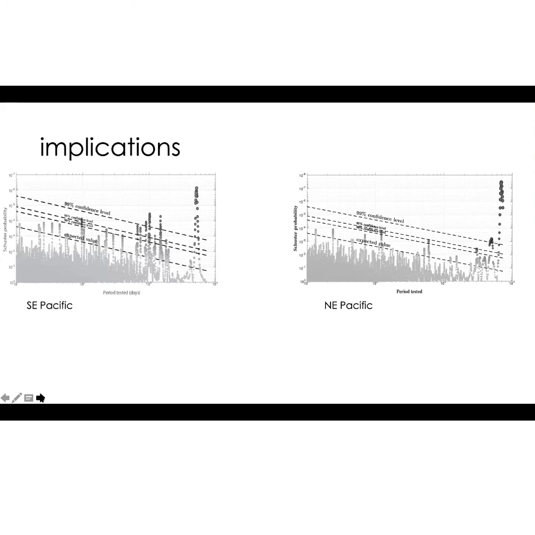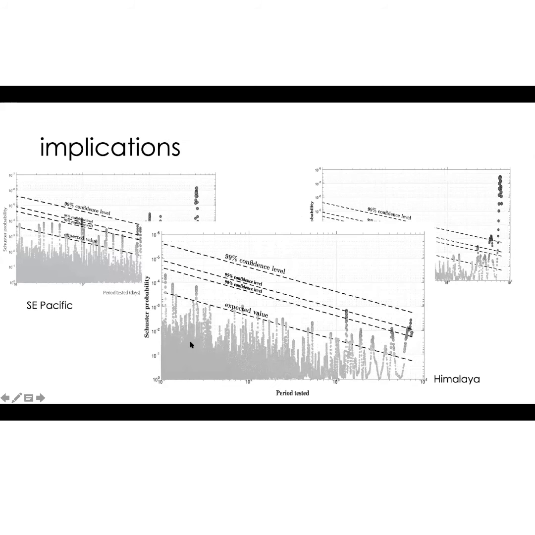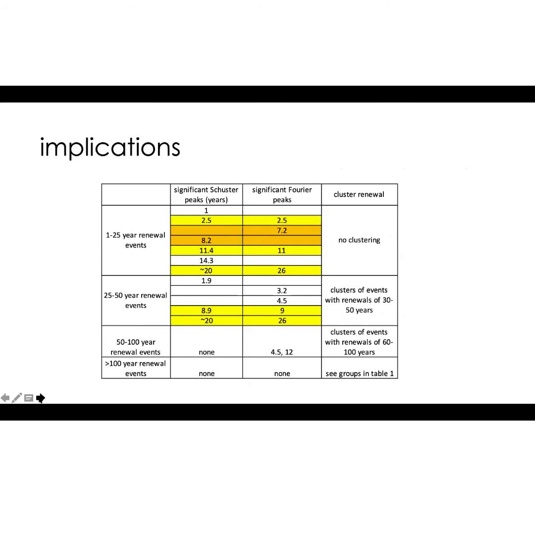For example, faster subduction boundaries have more regular inter-event intervals at short periods than slower ones. And the Himalaya, one of the slowest of all, has no regular inter-event interval within the 25-year resolution of the Schuster test. So we could look for variability in earthquake productivity as a function of the rate of loading of a major tectonic boundary.